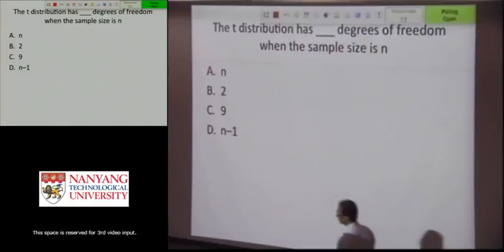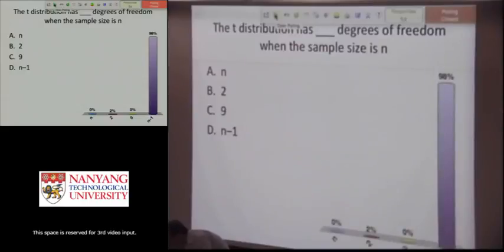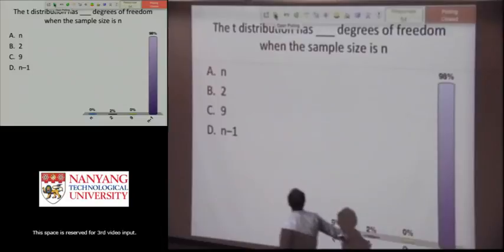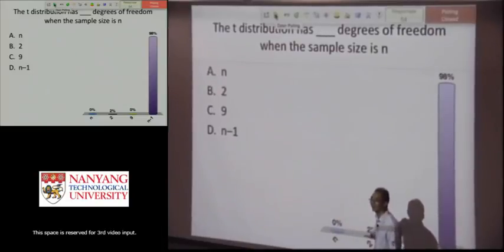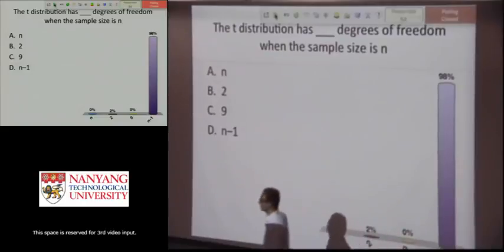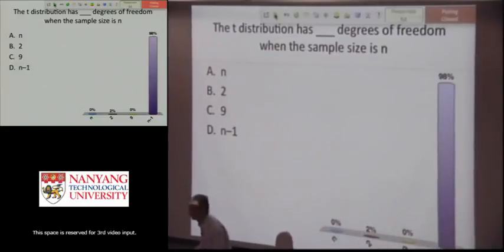Anything wrong here? It should be n minus 1.